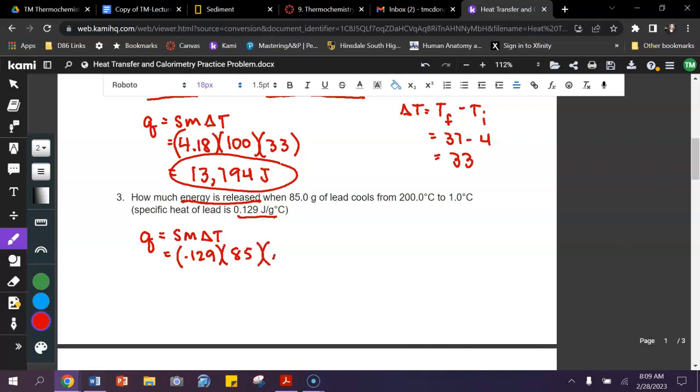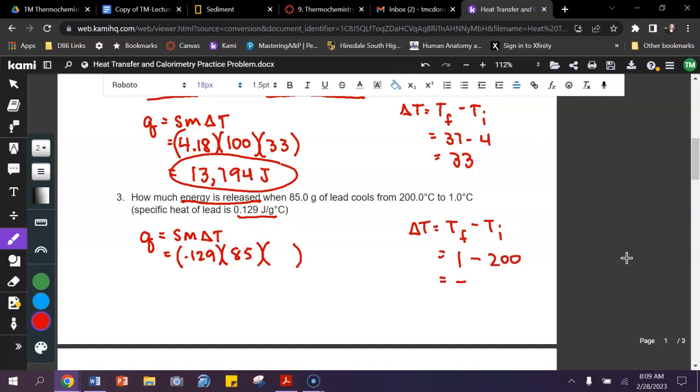And then my ΔT value will go right here. So now ΔT is equal to T final minus T initial, and it's being cooled. So my final temperature is 1 and my initial temperature was 200.